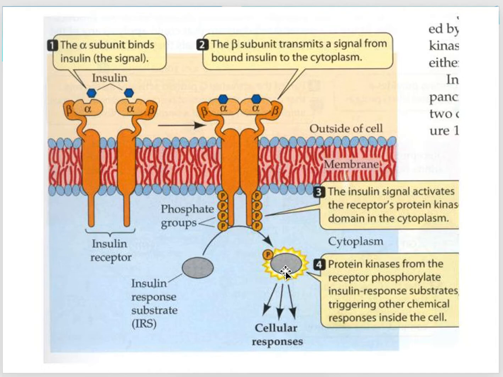The cell has glucose transporters. When the insulin receptor gets activated, a series of cascades occurs, and eventually the glucose transporters get activated. Once the glucose transporters are activated, they can absorb the glucose from the blood.